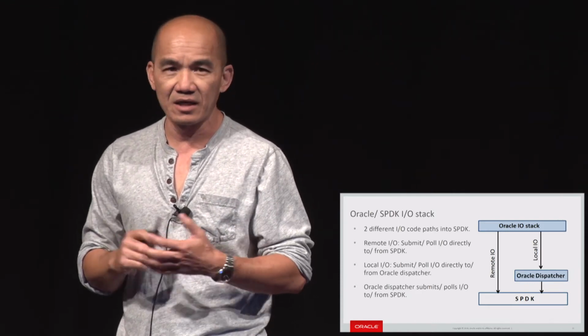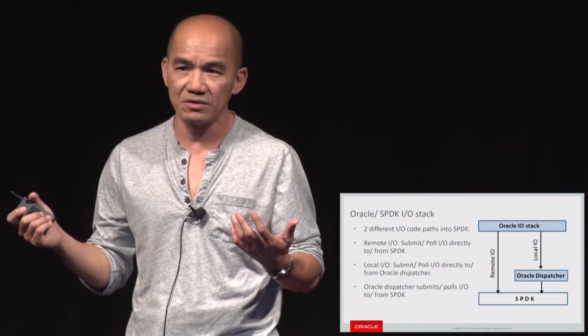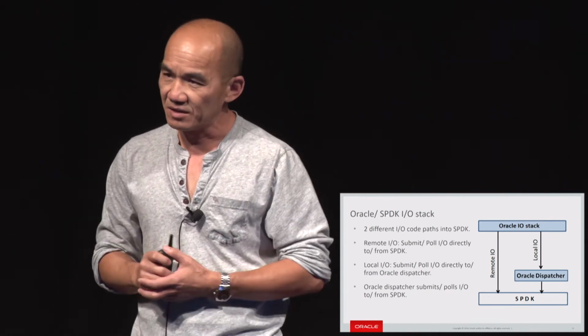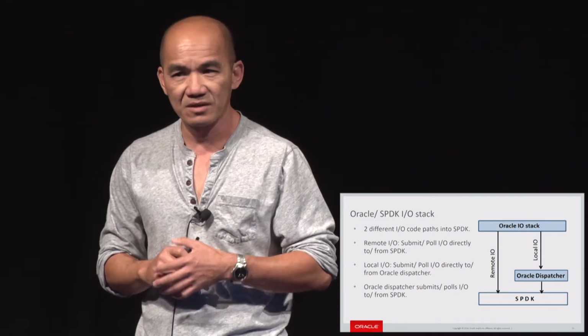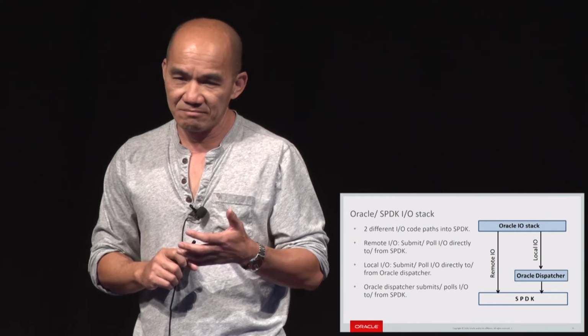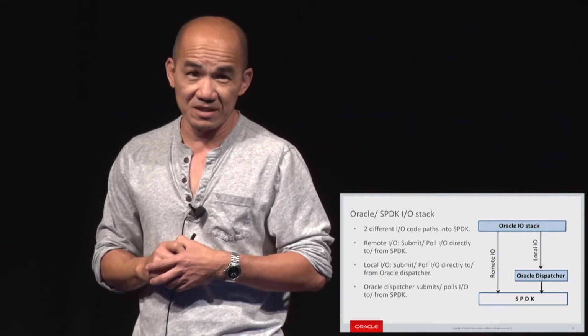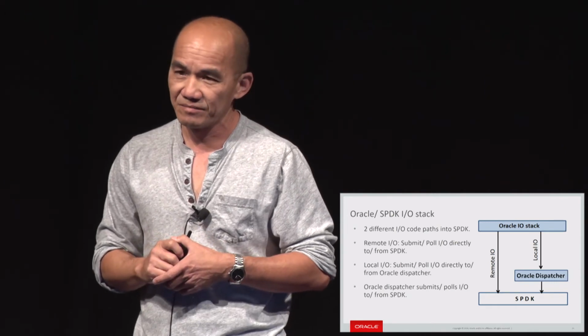Now we can scale up to more than the number of physical IOQs, because all the clients can go through the dispatcher, and the dispatcher will do the allocation. But adding a dispatcher is basically an overhead, right?